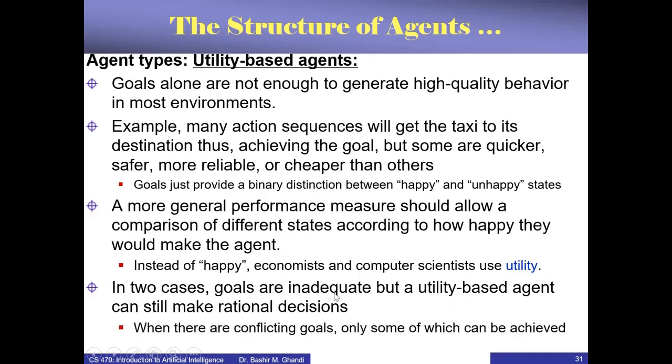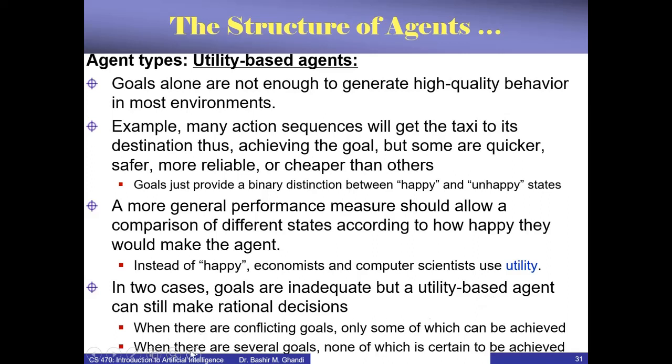These are: 1, when there are conflicting goals, only some of which can be achieved. So the question is, which of these goals should the agent try to meet? So this will be based on which one of them will maximize the utility function.